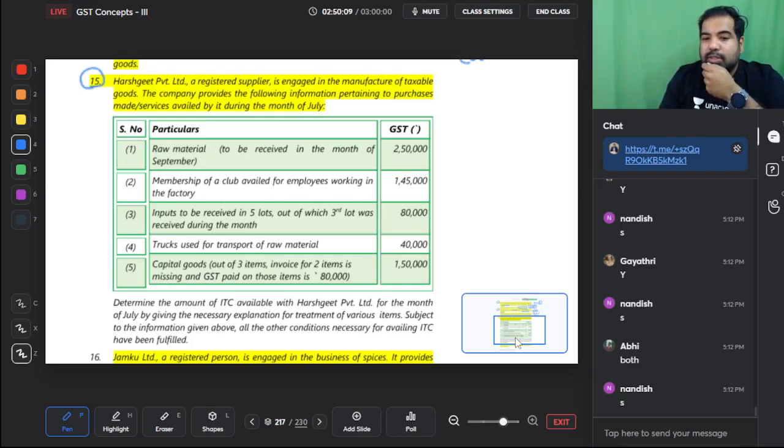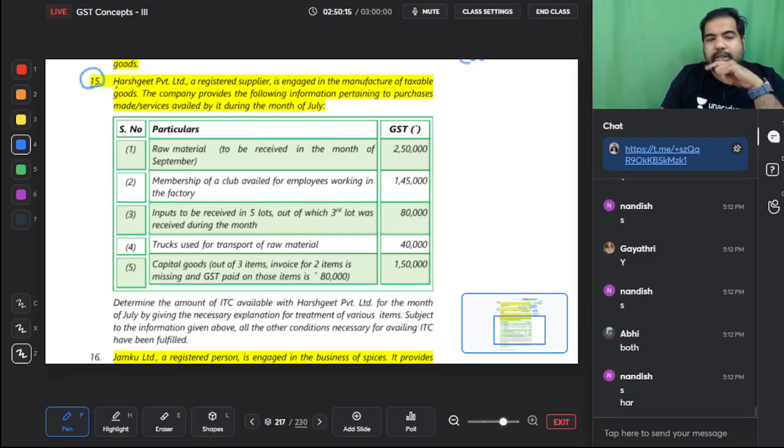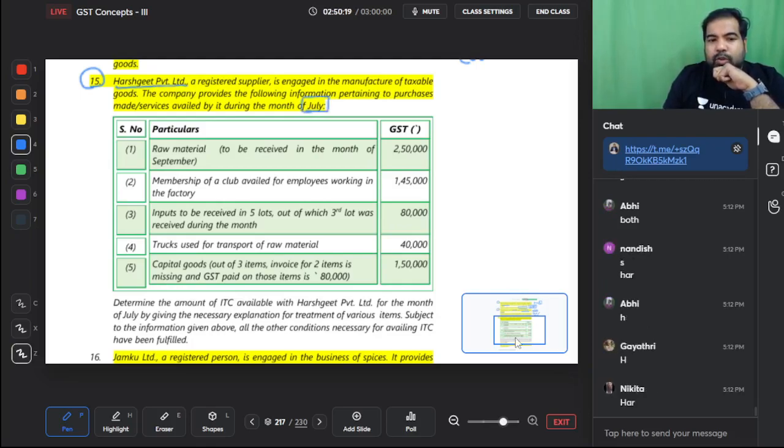Please tell me who is the supplier in this question. Start reading and tell me who is the supplier. Harshgeet Private Limited. This is the month of July. You have to find the amount of ITC that he can take. Read 16(1) and tell me, guys, which ITCs he can take. In the chat box, if he can take an ITC, tell me the number.